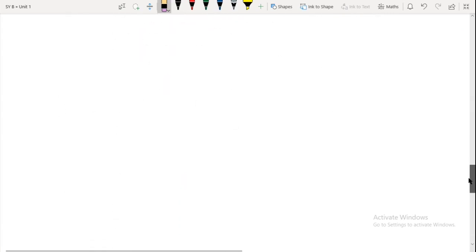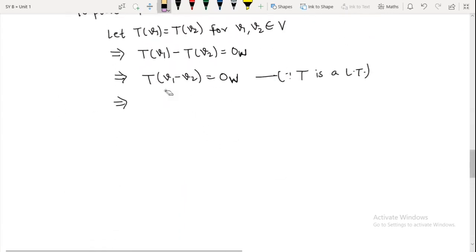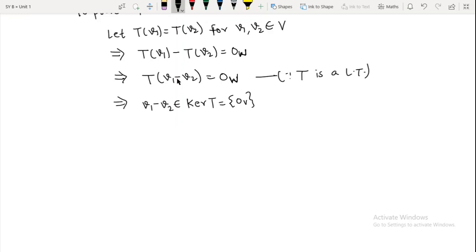So over here, T of v1 minus v2 is equal to 0, so v1 minus v2 belongs to kernel of T. But we have assumed that our kernel of T contains only one element, that is 0. So v1 minus v2 should be 0 only, and this implies v1 is equal to v2. That is what we wanted to prove. Therefore T is 1-1.